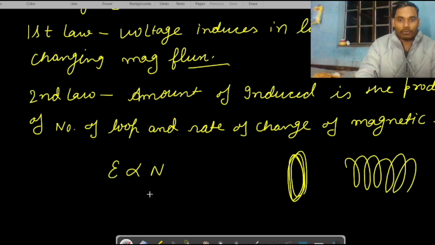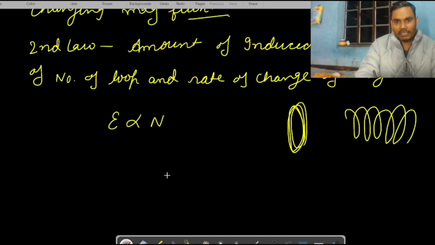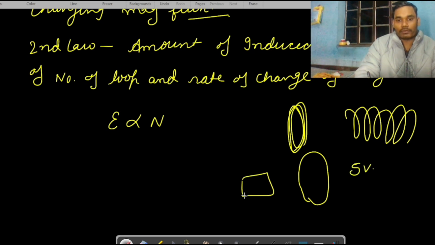Okay, so here you can say that if one turn in your wire gives for example 5 volt when you are moving your magnet, then if you double the turns, you will get 10 volt.